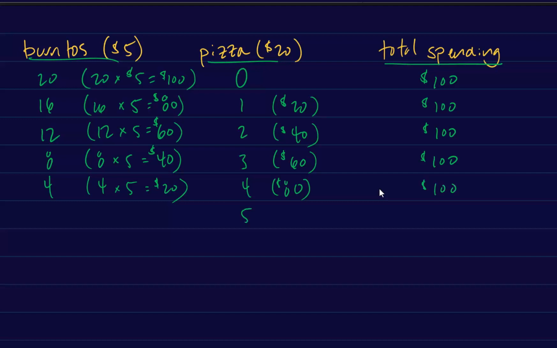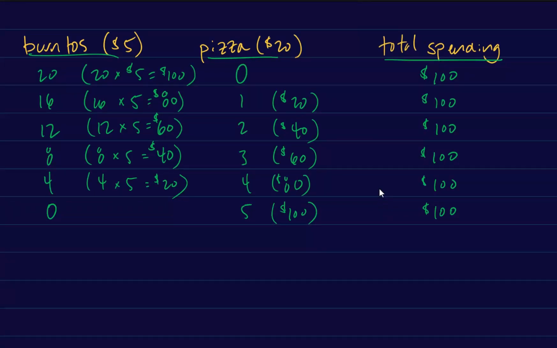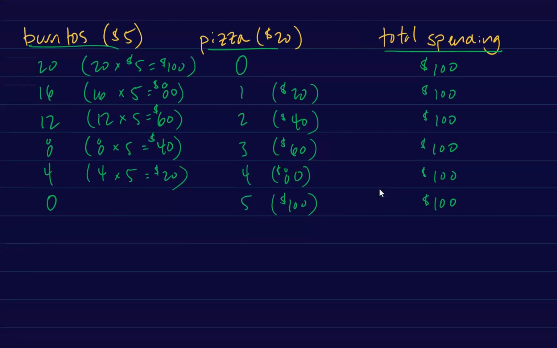Okay, and if she buys 5 pizzas, then that's going to be her entire $100, so she won't buy any burritos in that case. Okay, so these are all of her options, assuming that whenever she buys a pizza, she buys a whole one.